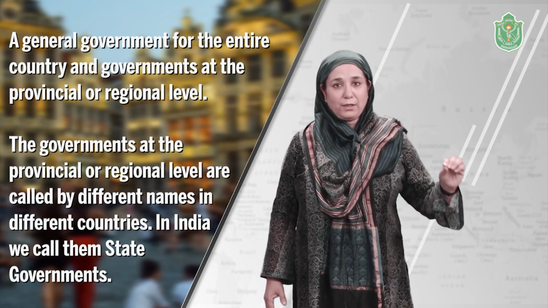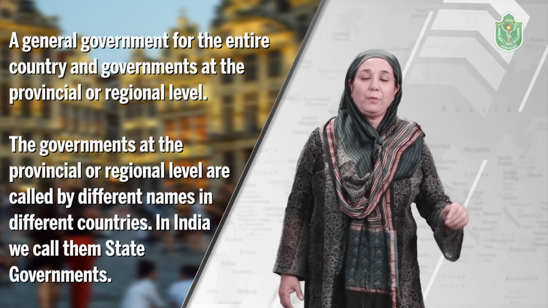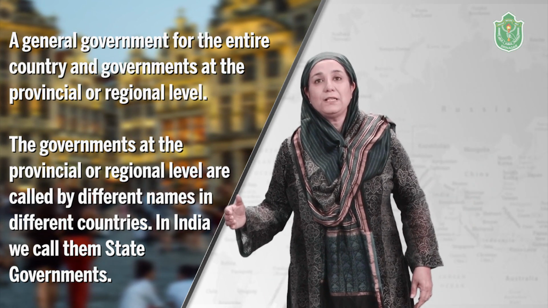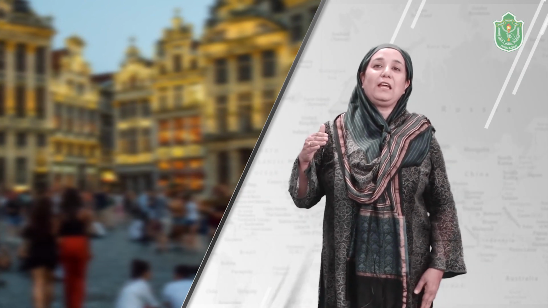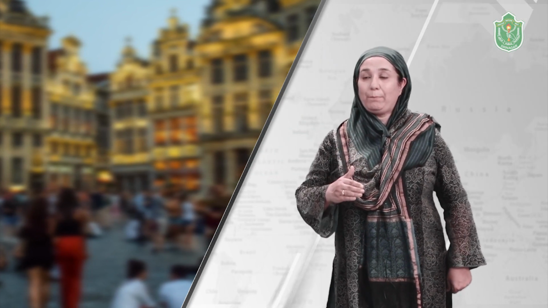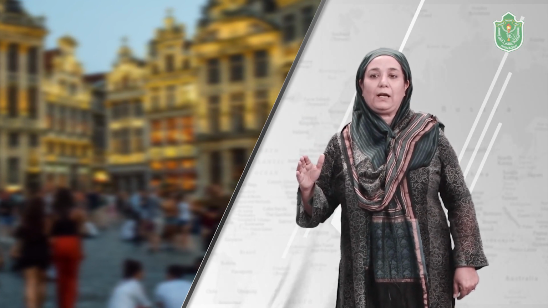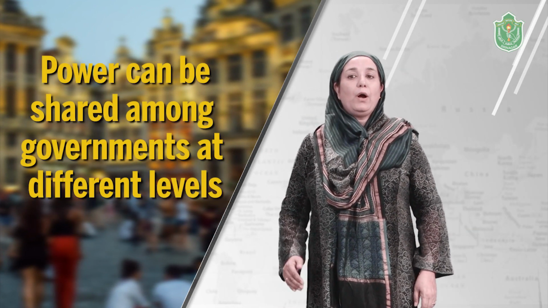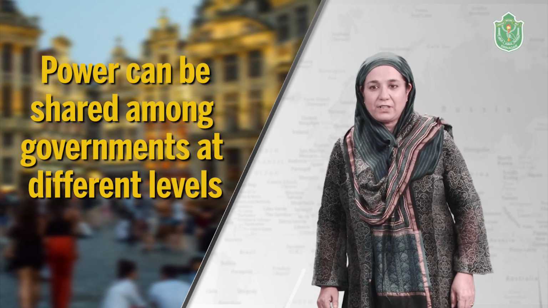That is, what powers have to be taken by the central government, and what powers belong to the state government. This is what they did in Belgium also. We're going back to Belgium. But this system, children, was not done in Sri Lanka. Now we will discuss how power can be shared among governments at different levels.